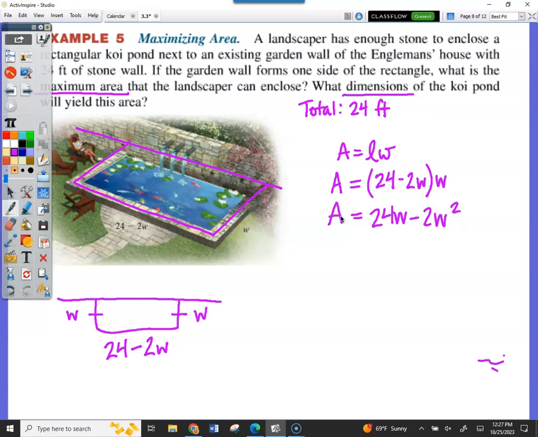What I like about quadratic word problems is, although the word problem will never mention quadratic, once you set it up and see that it's a quadratic function, you ask yourself, what's the question? It says, what would maximize the area? They're telling you, find the max of the quadratic and then interpret your answer. So we're going to find the maximum value of this quadratic.